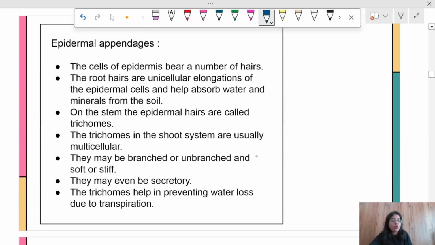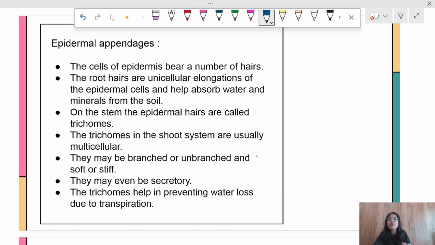Now after stomata we have epidermal appendages to learn. What's the meaning of epidermal appendages? Any kind of appendage means hands, legs, all of these things are called appendages, right? So from epidermis, if you can see any kind of extension coming out, that is called epidermal appendage.